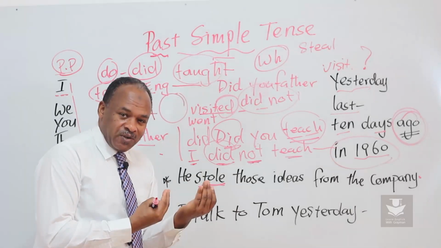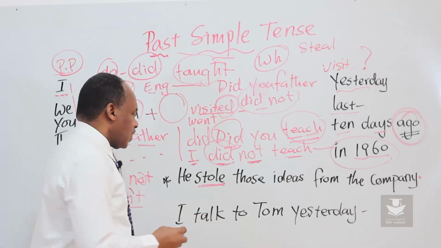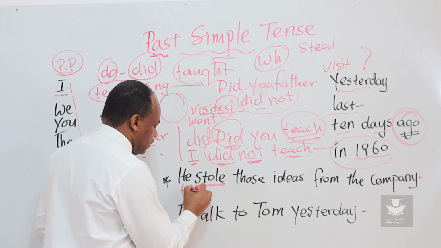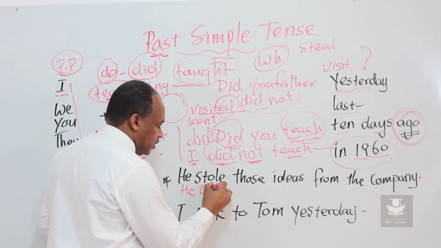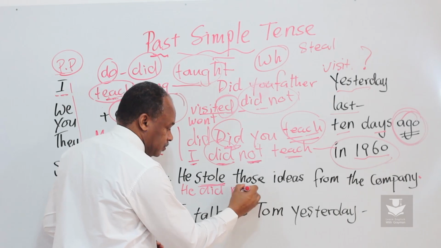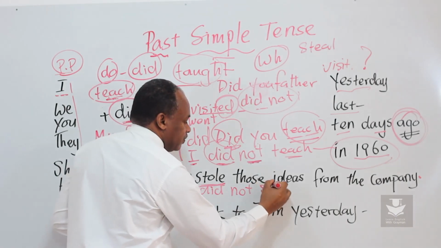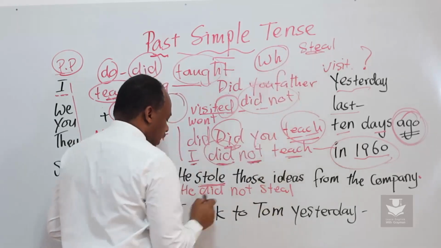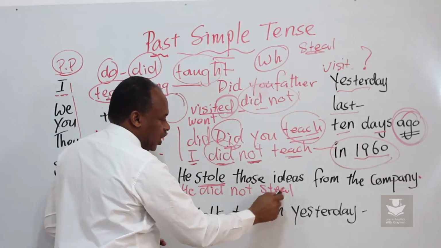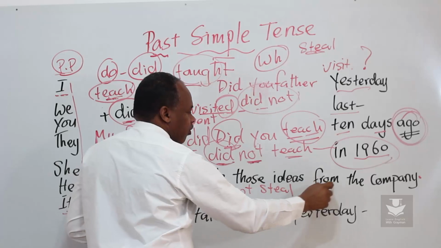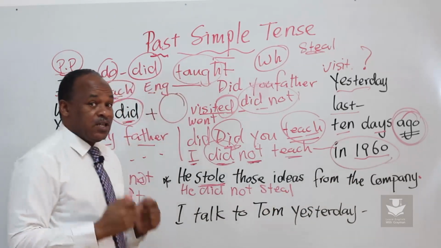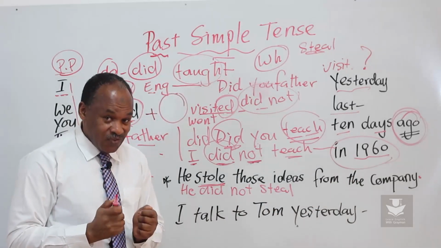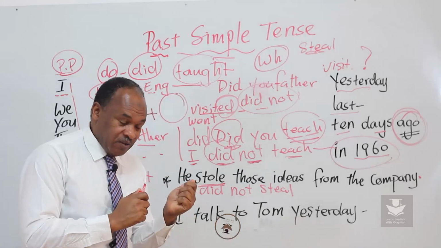Can we make this negative? Quickly. He did not steal. That's why I wrote steal here. He did not steal those ideas from the company. That's how to make negative. Could we make this a question? Yes.